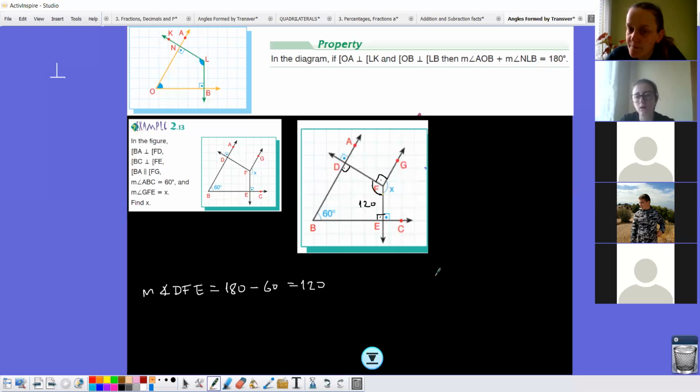Yes, and now with 360, we can do it. So here we have a complete angle, and 90 plus 120 plus x will be 360. Yes? From here, we'll find 210 plus x is equal to 360.